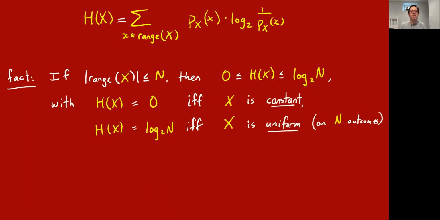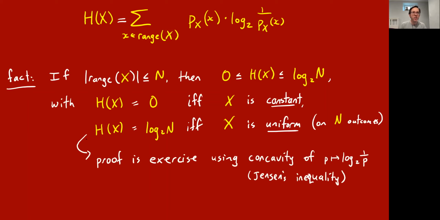So the first case, a random variable has 0 entropy if it's constant, if it's always the same value, or it has a probability of 1 of some outcome. And it has maximal entropy log base 2 of n if and only if it's uniform on the n possible outcomes. They each have probability 1 over n, and that's true whether or not n is a power of 2. Good. So it's the least variable and the most variable random variable.